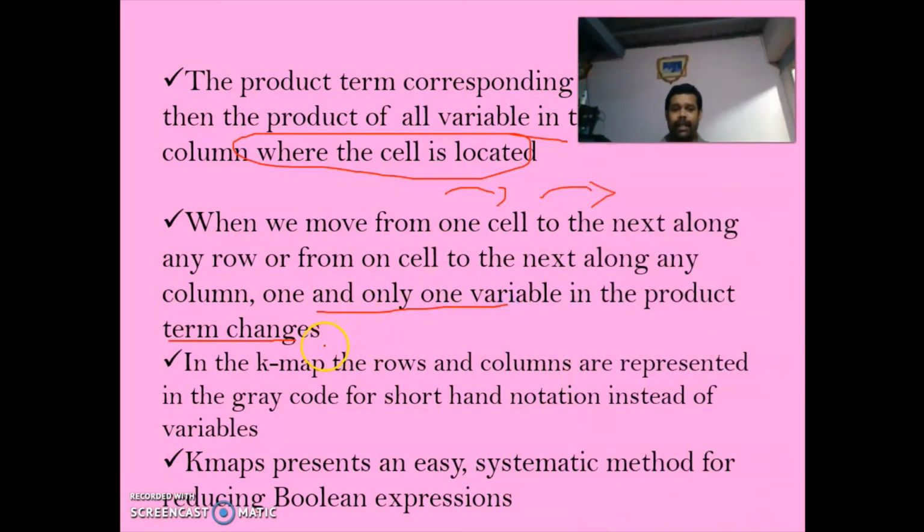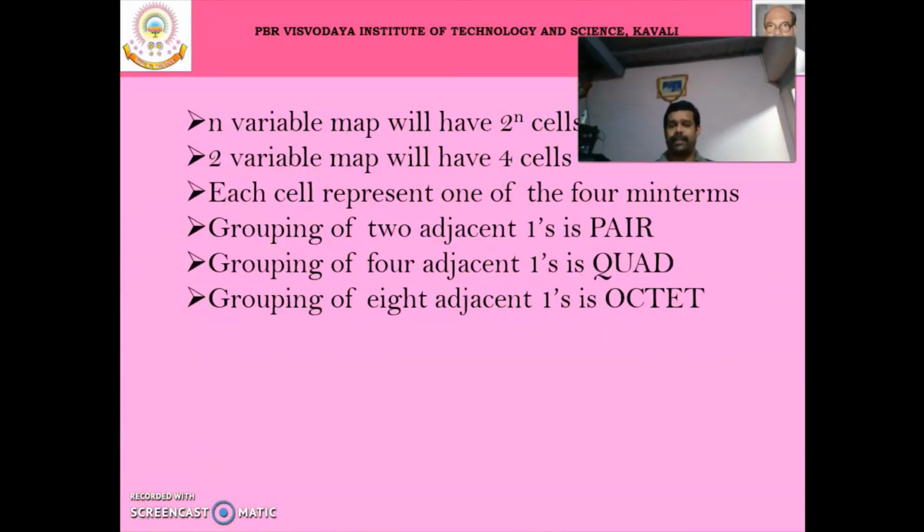In K-map, the rows and columns are represented in gray code. That is very important. In K-map, the rows and columns are represented in gray code. The K-maps present an easy, systematic method for reducing Boolean expressions.